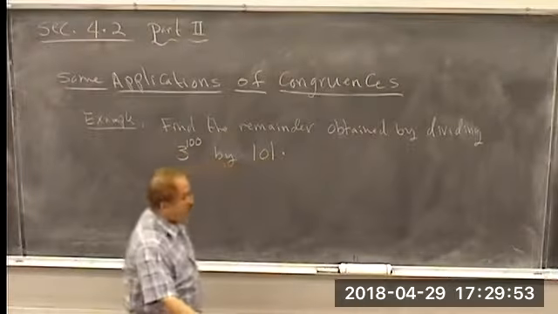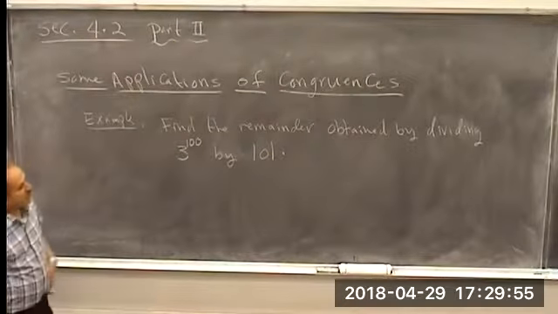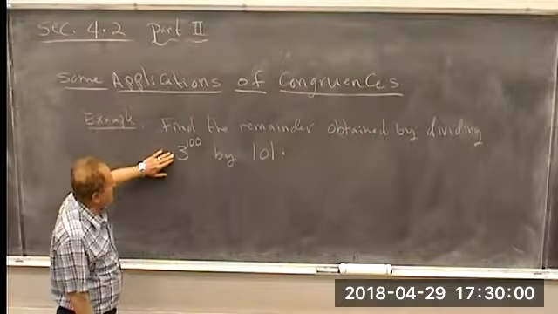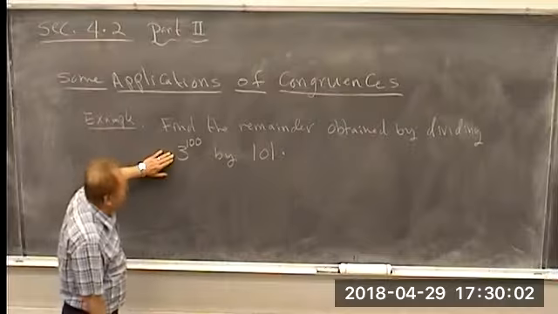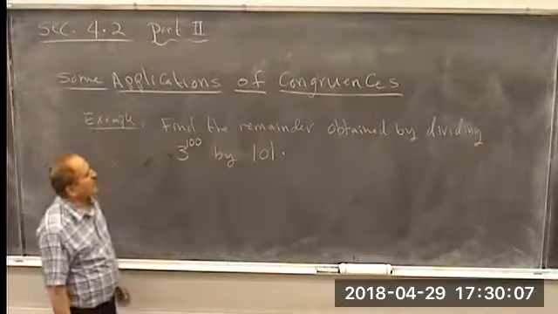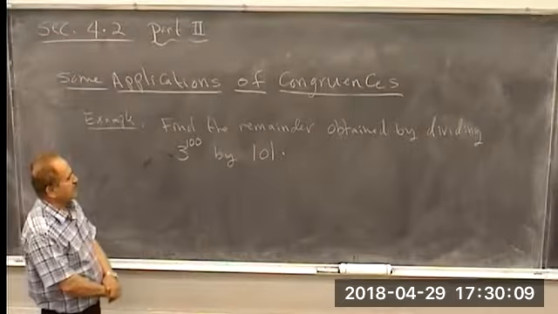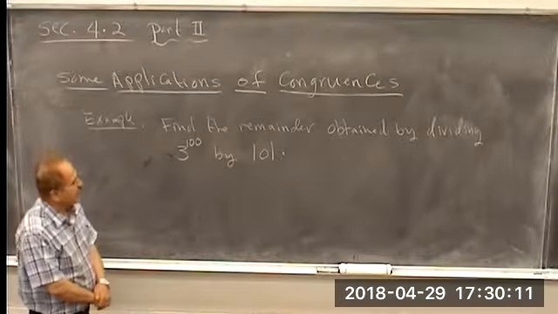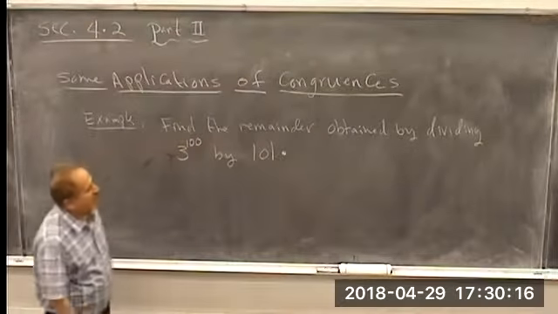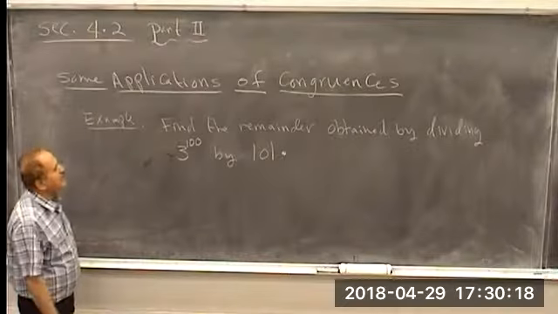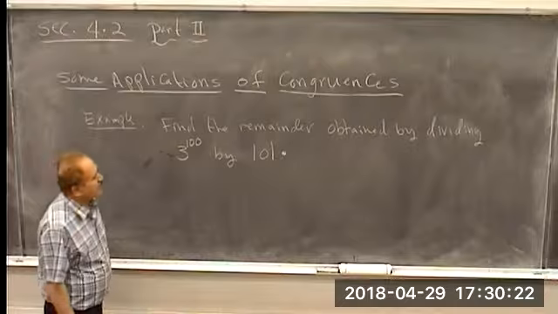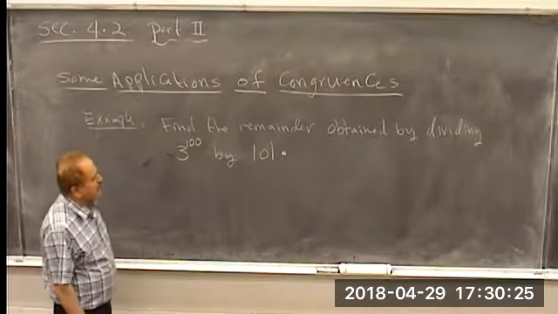Now, of course, one method we can use is brute force, by calculating what 3 to the power 100 is, or feeding it into a computer, and then dividing it by 101 to get the remainder. Well, yeah, but we want to do it using simpler calculations.